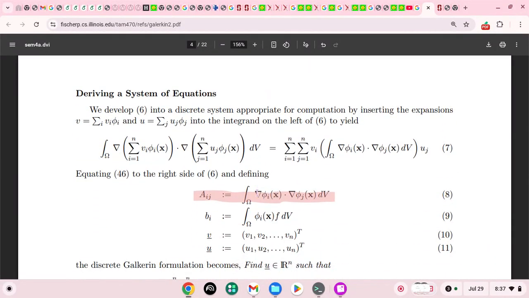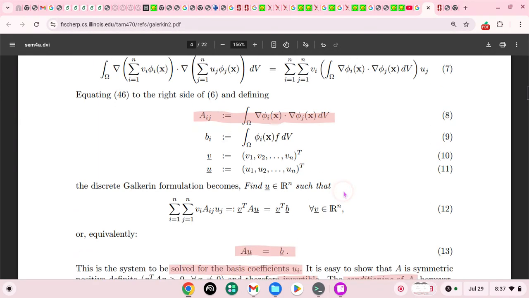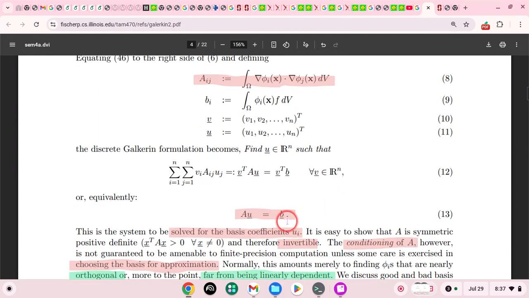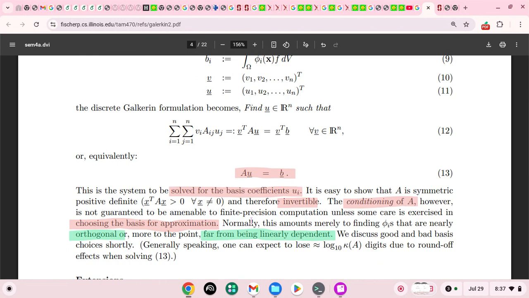Once those basis functions are substituted here, we will get some kind of matrix equations. Solving these matrix equations will give you the coefficients of expansion, and we already know the basis functions explicitly. Then that will give you the solution, and increasing the number of basis functions will increase the accuracy of this approximate solution. It will converge to the true solution.